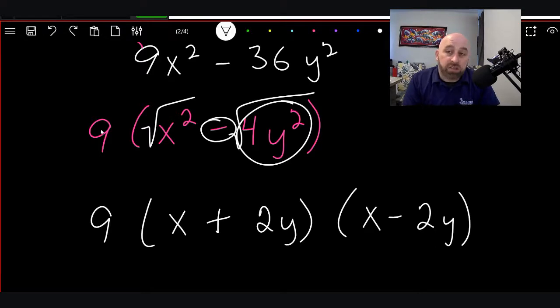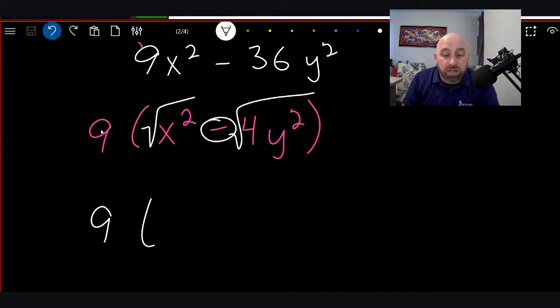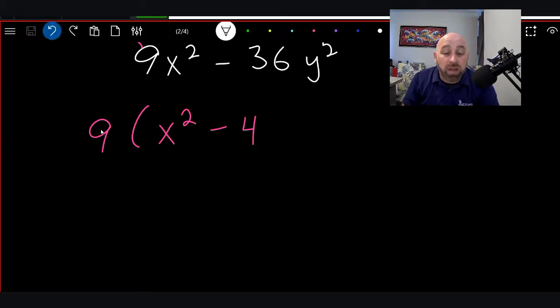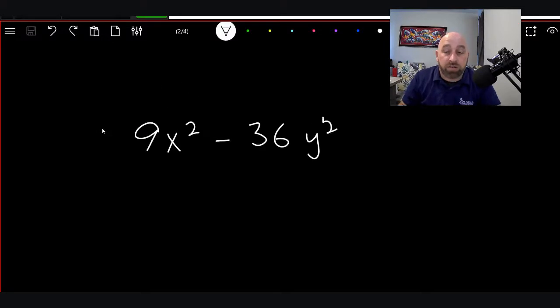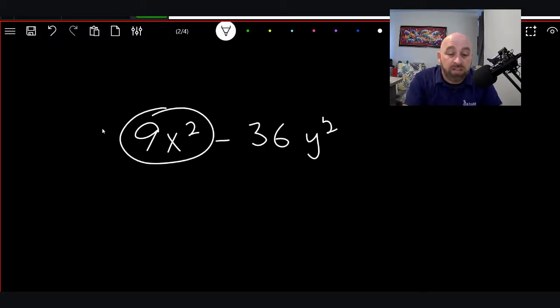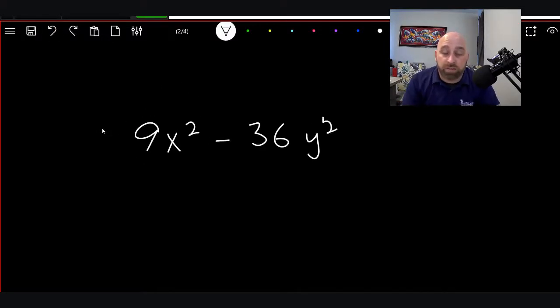Now, I said that you could do it two ways. Now, this one is a tricky one. This one is one of the very few, and I don't even really want to show you this, to be honest, but this is one of the few that you'll ever get that you can get away with it if you don't take out the common factor first. And there's a reason why that is. Look, this one is already a perfect square.